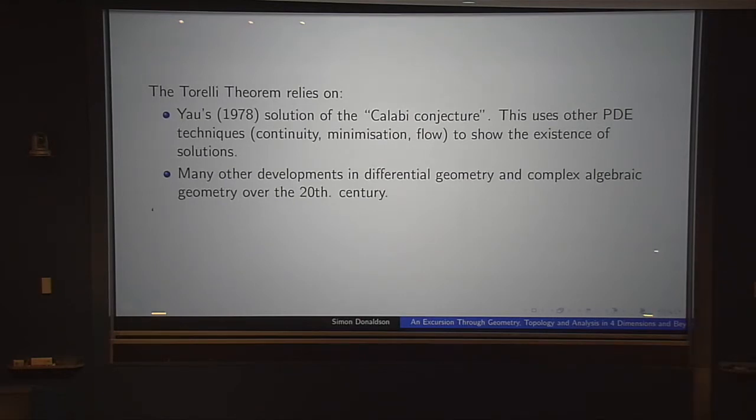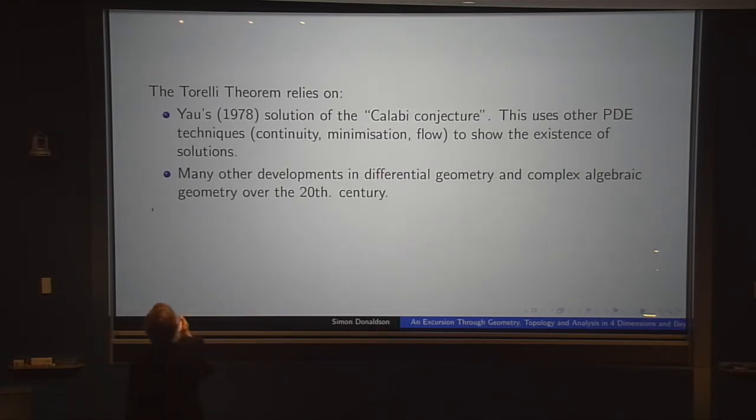But they're different from the gluing techniques that we've talked about before. And they give access to all the solutions, not just the ones that one can understand as being built out of these particular simple blocks. But the Torelli theorem also relies on many other developments in differential geometry and algebraic geometry over the 20th century.